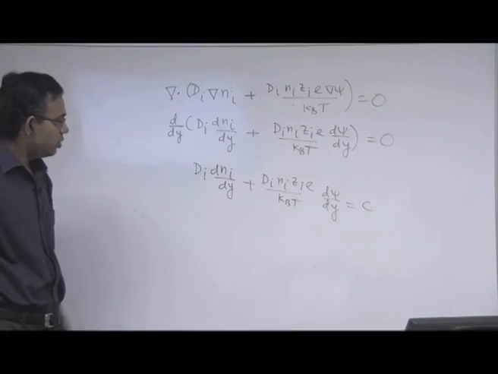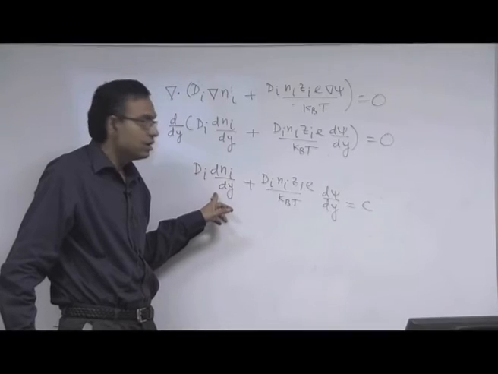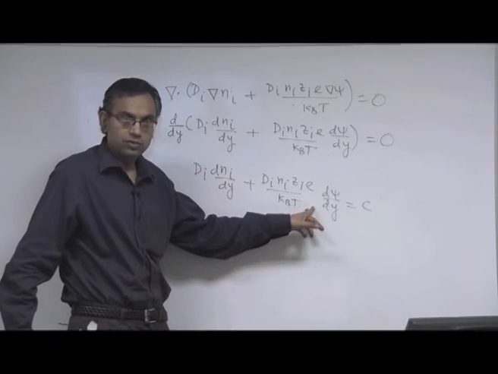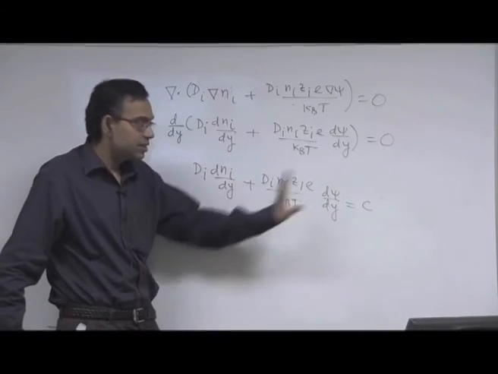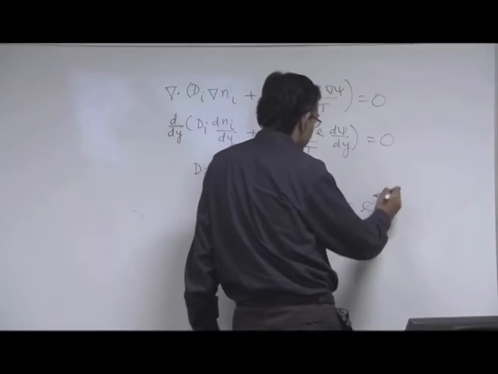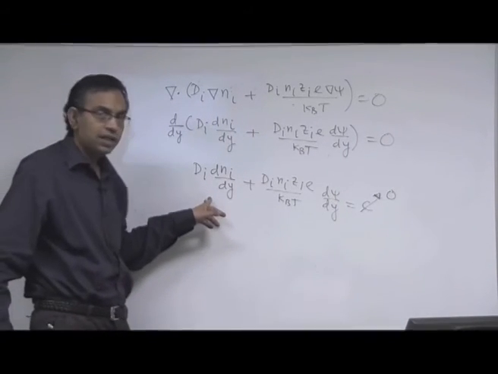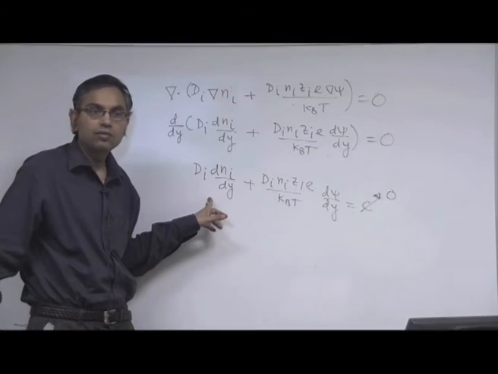Now you know that wherever dNi dy is equal to 0, d psi dy must be 0. That means C will be equal to 0. This is nothing but the differential form of the Boltzmann distribution.